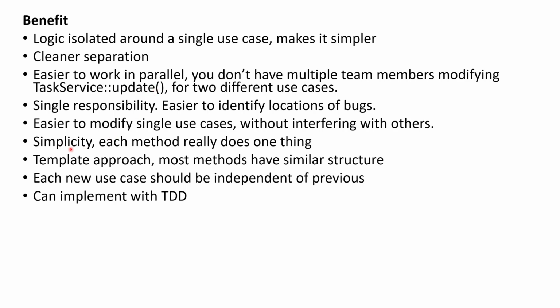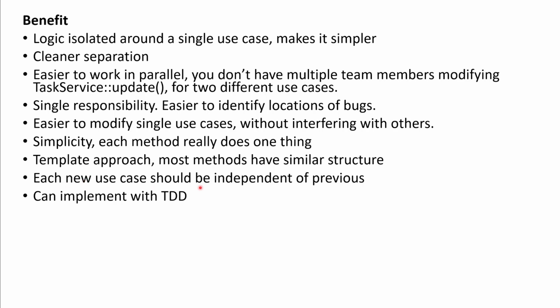We have the improved simplicity because each method really does just that one thing. It's a template approach with this load, modify, save, so it's easier to figure out what other methods do even though you haven't written them, and you have a pretty clear idea of what the methods should look like.